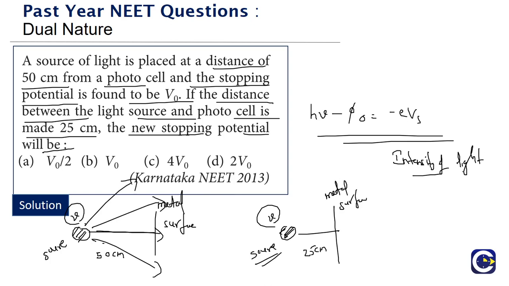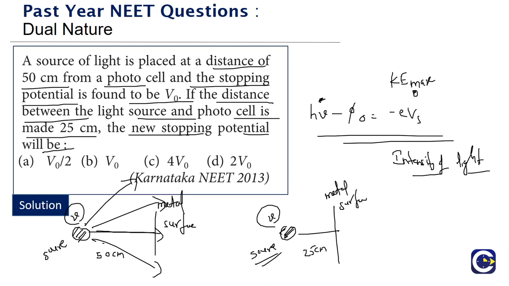Intensity will be less when the metal surface is moved away from the source. Intensity corresponds to the saturation value of the photocurrent. But intensity will not have a role to play in determining the stopping potential value or the maximum kinetic energy of the emitted electrons. They will only depend upon the frequency of the light that is incident.